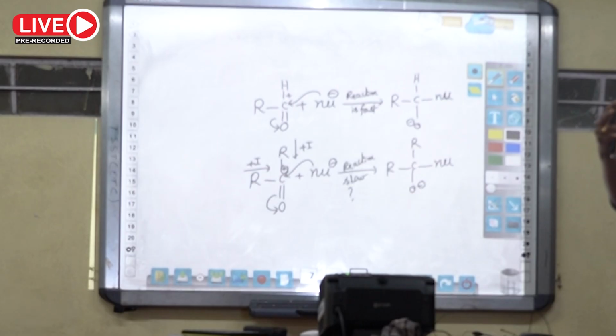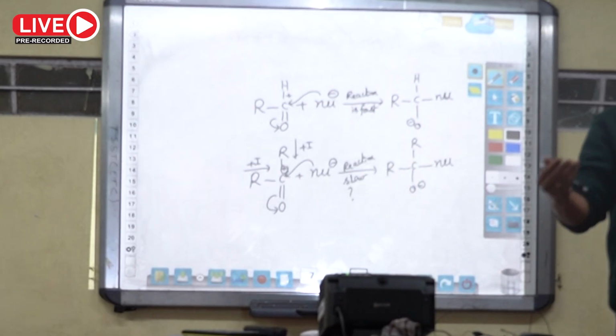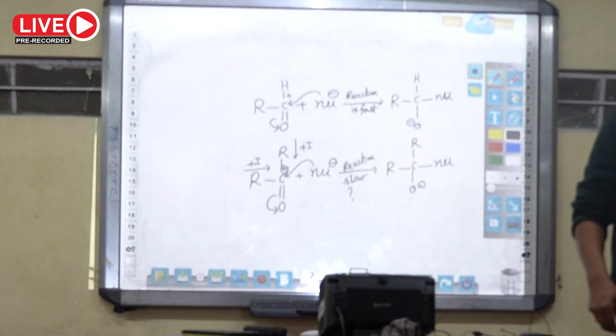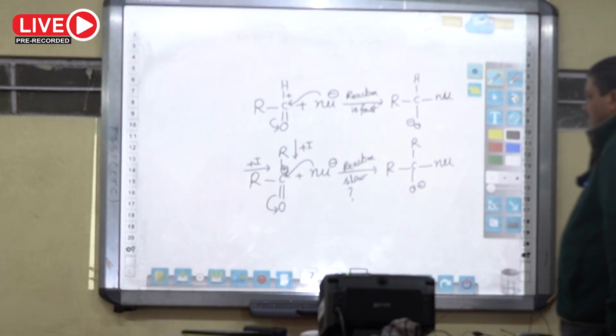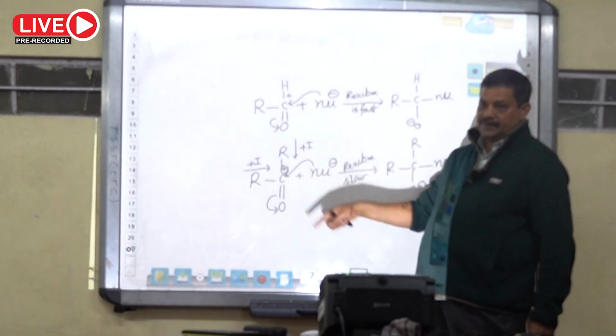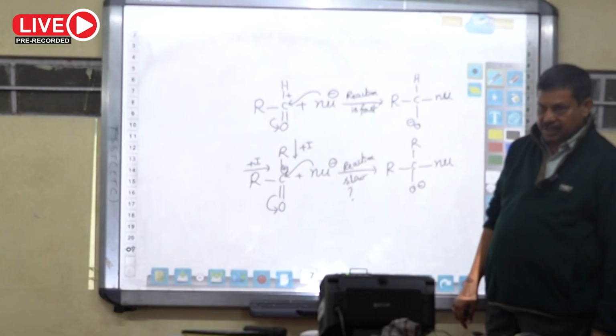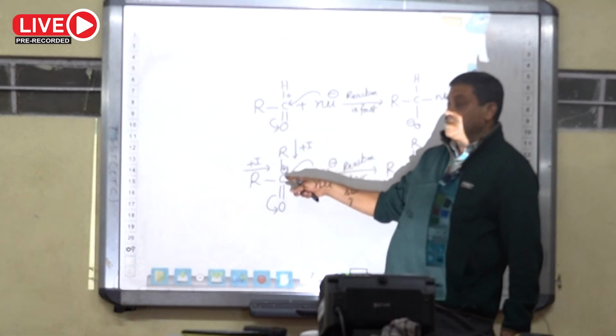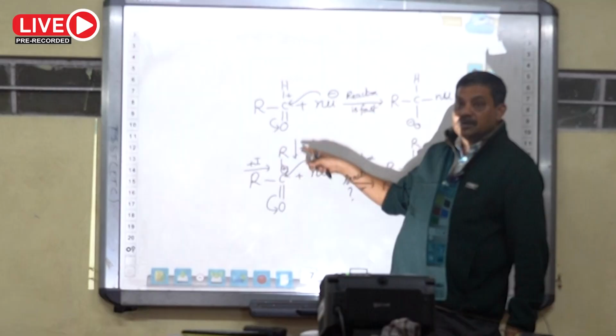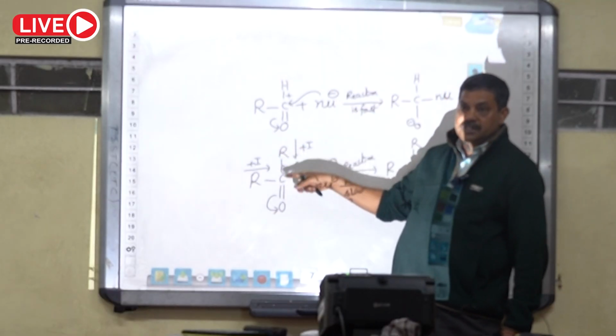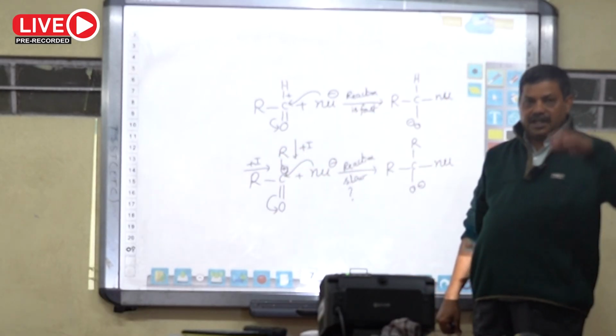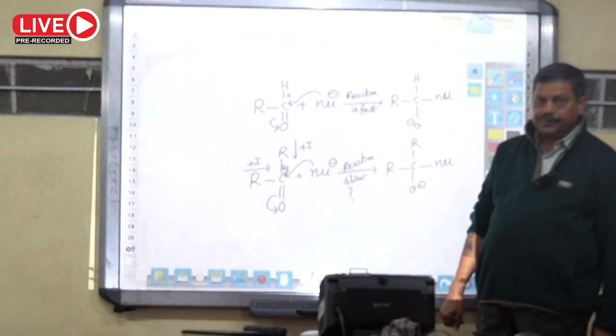So when two alkyl groups push electrons towards the carbon, the net positive charge decreases. Without much positive charge, nucleophile can't attack fast. That's why nucleophilic attack will be relatively slow here because of less positive charge.